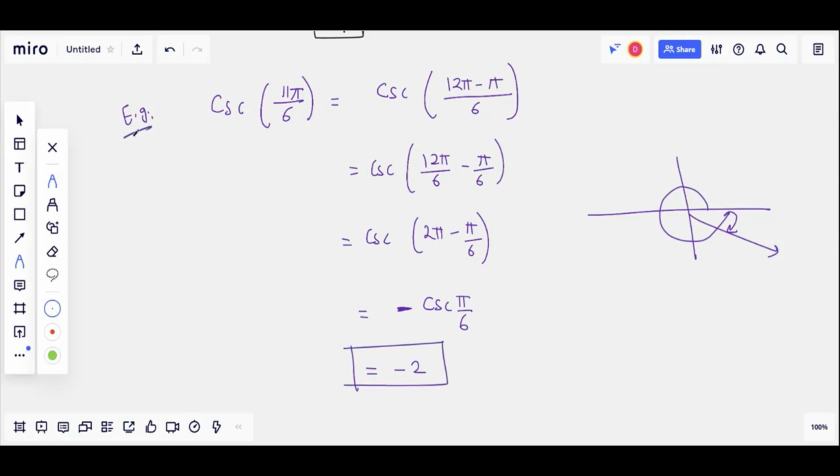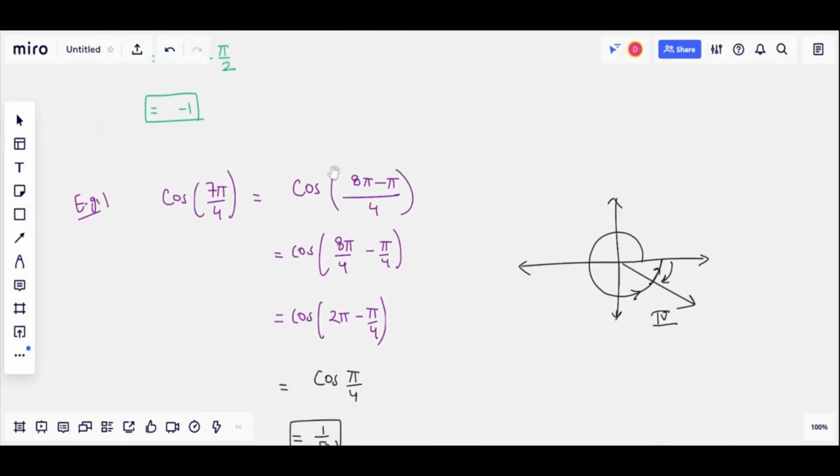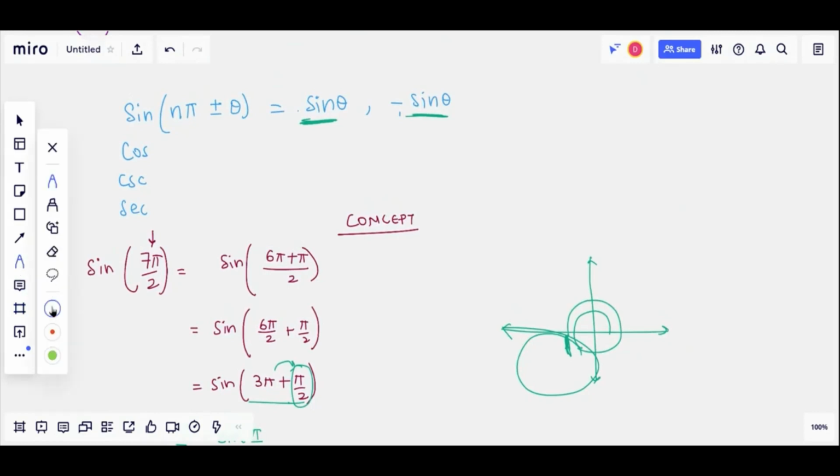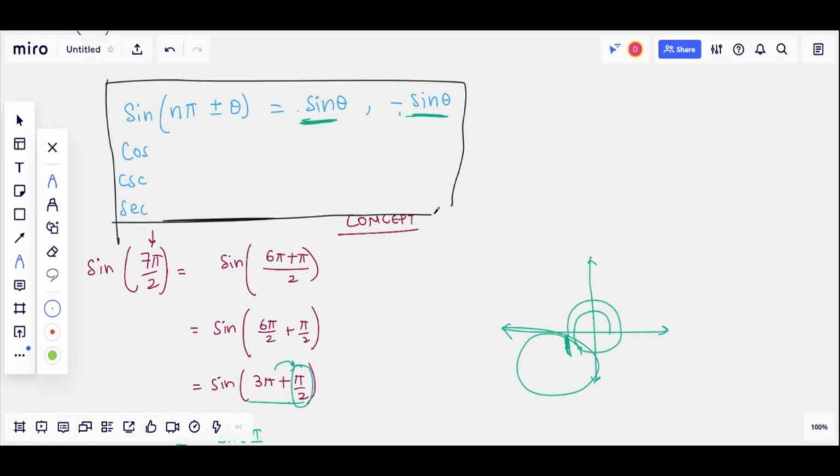So these are some worked out examples which will help you understand this concept, because this is actually widely used whenever the problems tend to be a little bit difficult. So this concept comes in handy, wherein we try to find out the sign of that trigonometric function.